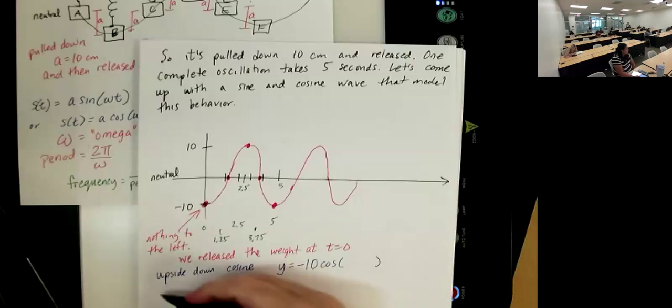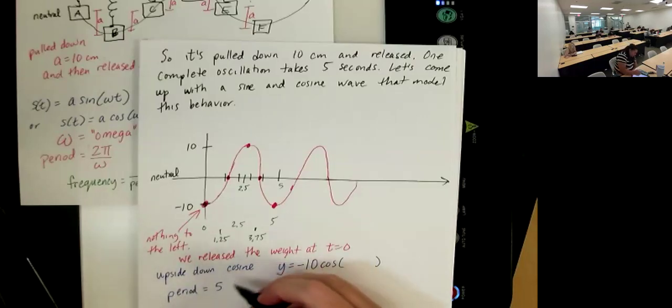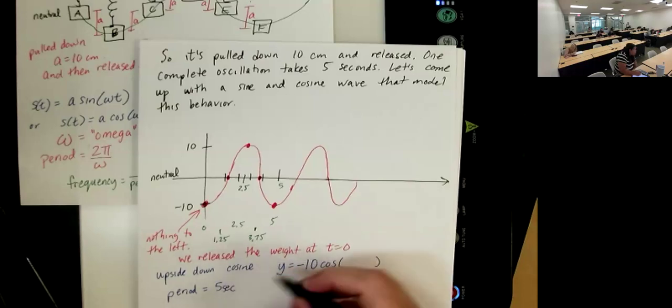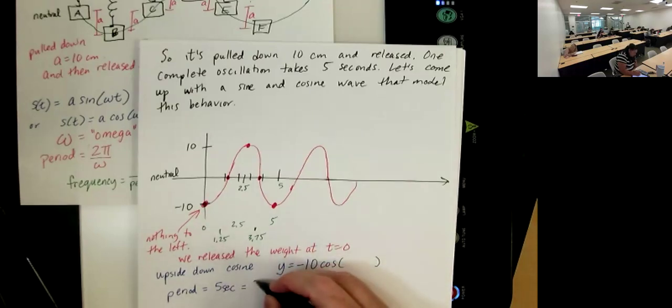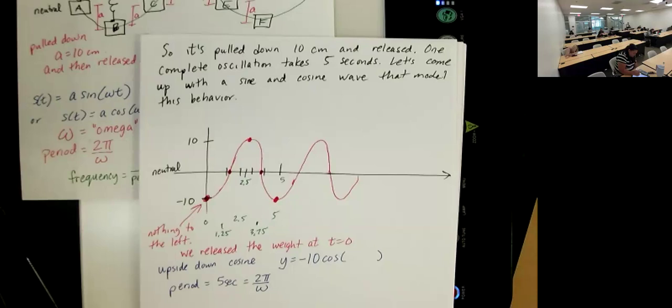We know the period is 5 seconds. That's one complete oscillation. But that should equal 2 pi over omega, which is the equation for the period. So if I solve for omega, multiply both sides by omega.